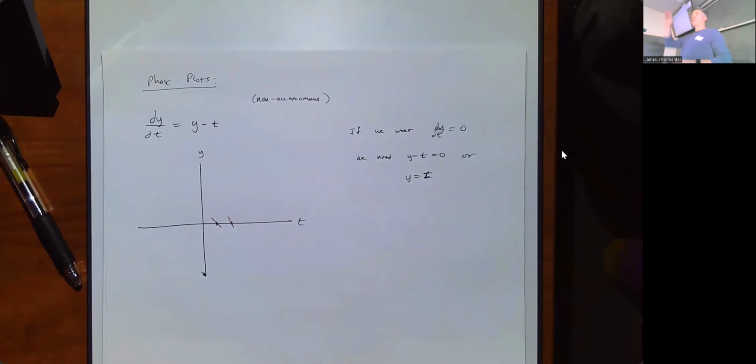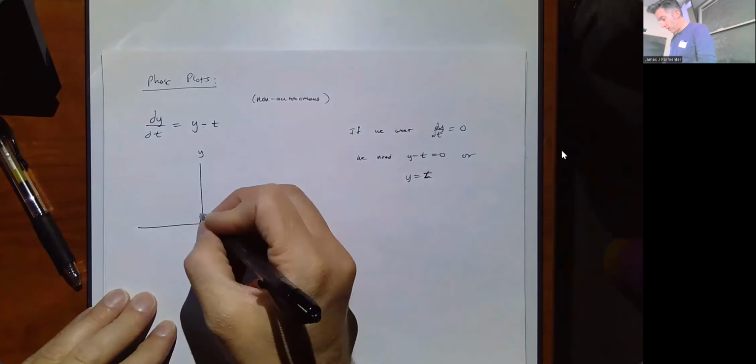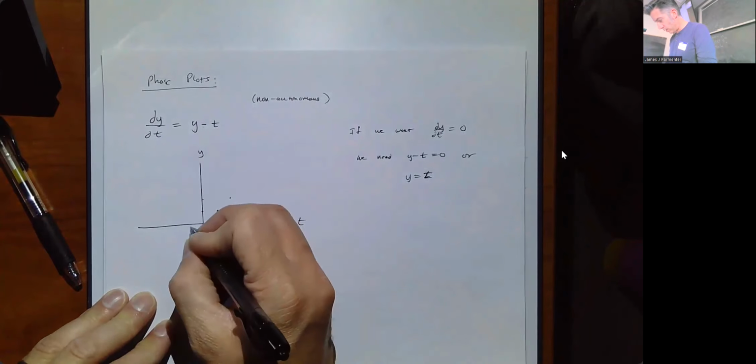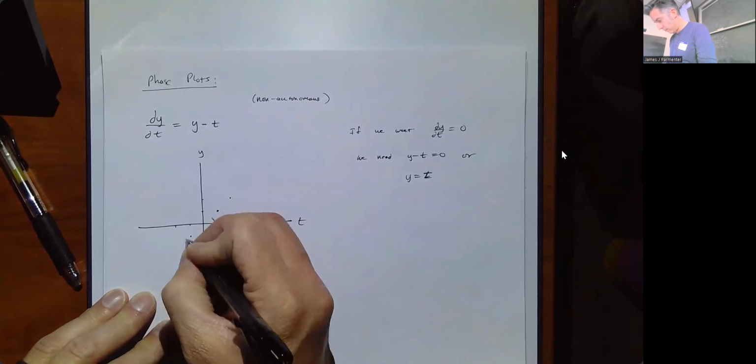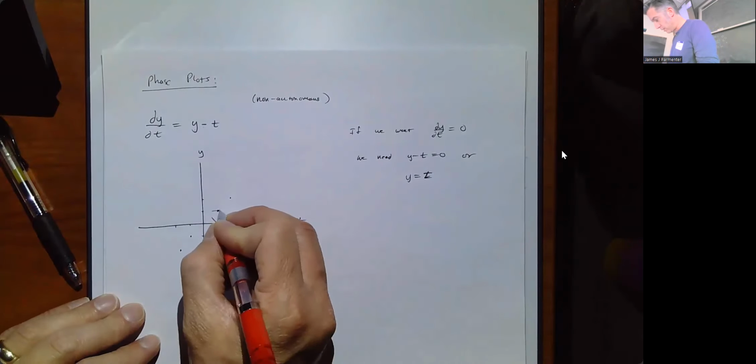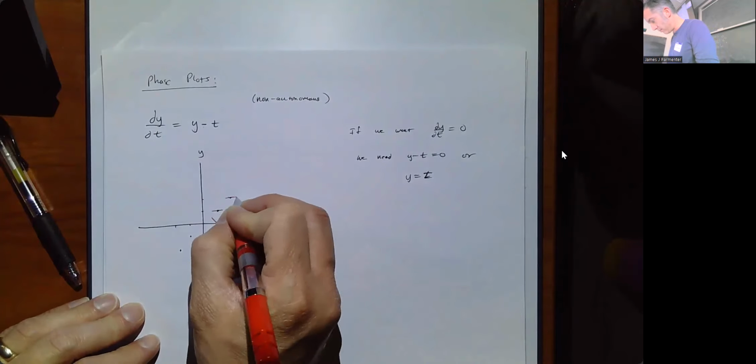So along the line y equal to t, all of my derivatives are 0, which means all my tangent lines are horizontal. So for example, at the point 1, 1, at the point 2, 2, at the point negative 1, negative 1, point negative 2, negative 2, all of my tangent lines would be a little horizontal tangent line.